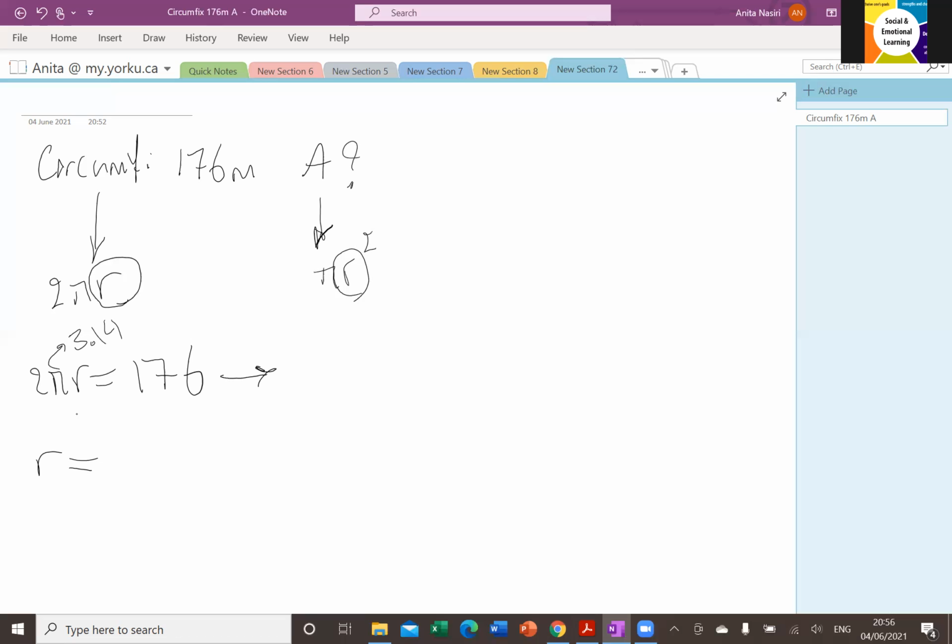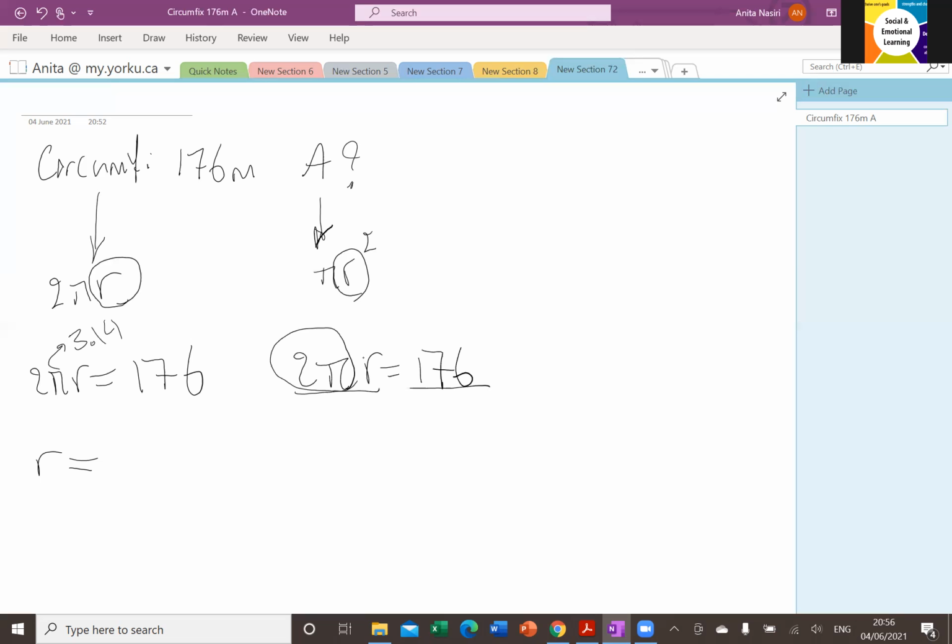Now, the equation that I got is 2 pi r is 176. What should I divide both sides of the equation by in order to calculate r? We divide by pi and divide by 2. Very good. We divide by those that are multiplied by r, so we call them coefficients.